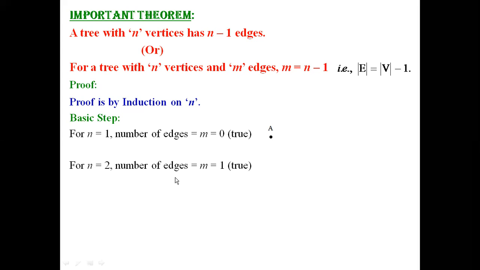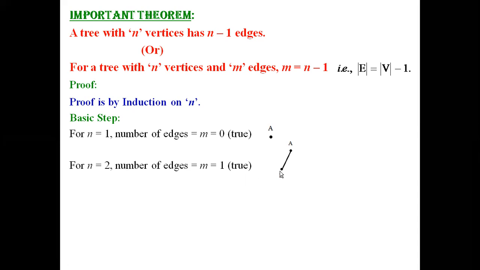So with n equal to 2, the number of edges is m equal to 1. When we substitute into the formula, this becomes 2 minus 1, so m equal to 1, which is again true. As we observe here, in a graph wherein I have taken two vertices, because n should be 2, between these two vertices we can draw only one edge to form a tree.